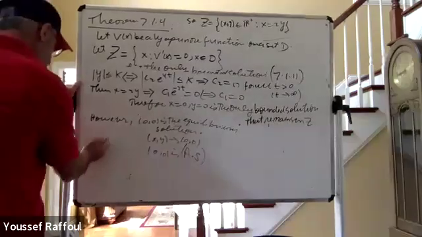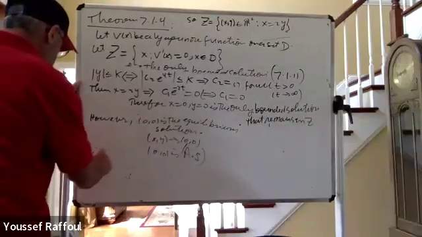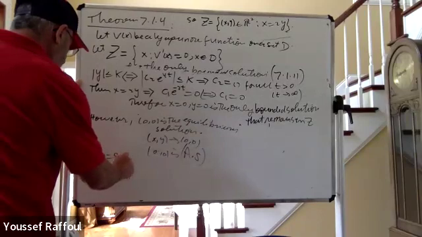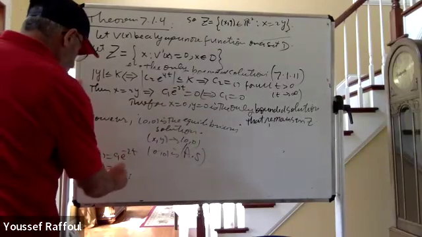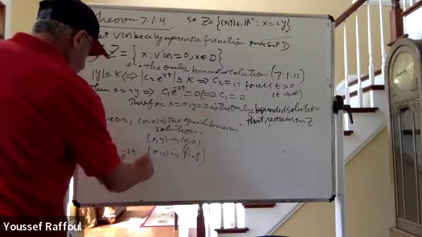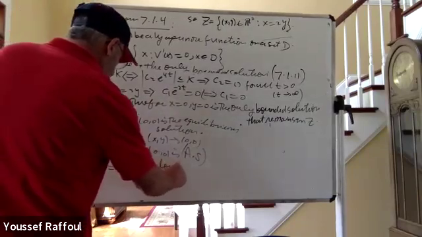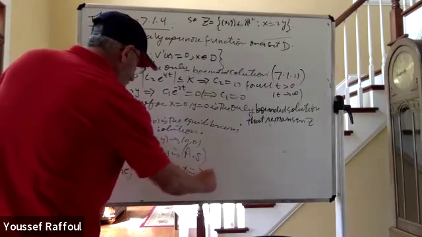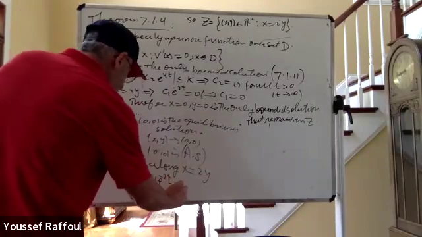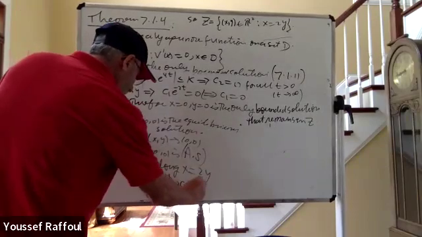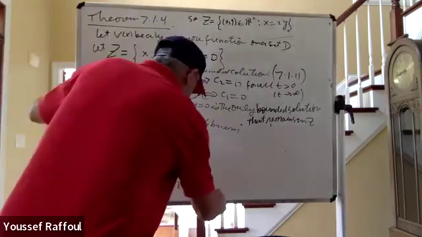Or you can argue that x of t equals c1 e to the minus 2t, y of t equals c2 e to the 4t. So along x equal to y, we have c1 e to the minus 2t equal to c2 e to the 4t for all t.